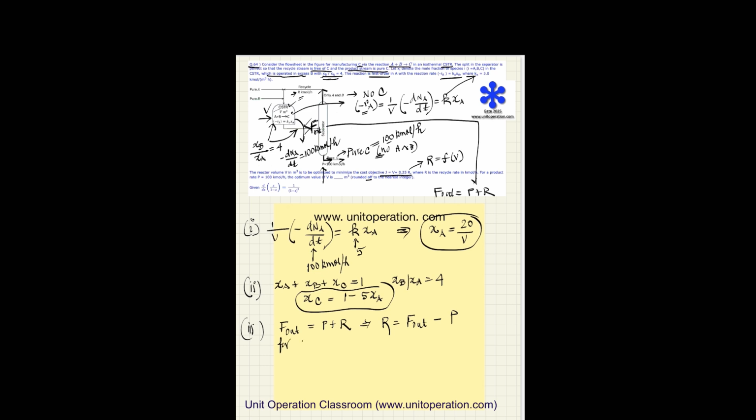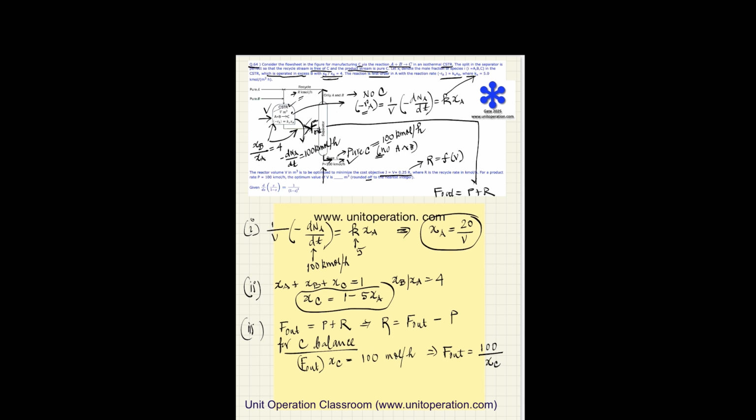For the C balance, F out multiplied by XC, where XC is the mole fraction of C here, must be equal to 100 moles per hour of C being produced, which is going out from here. So F out is equal to 100 divided by XC.